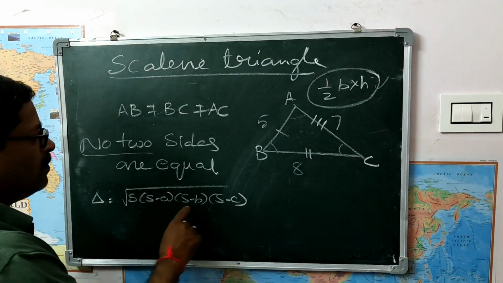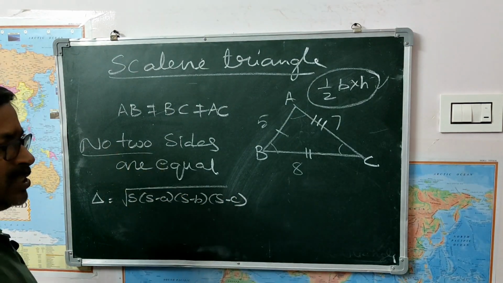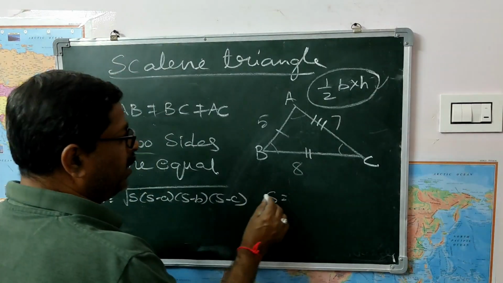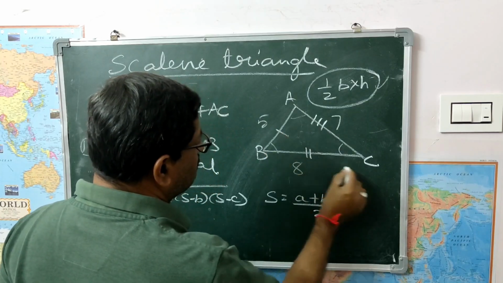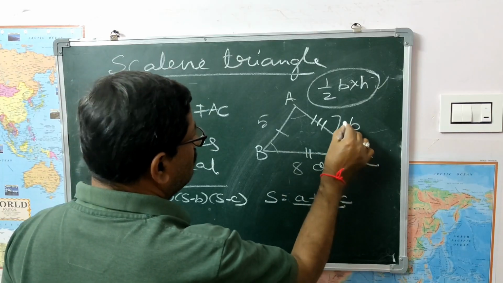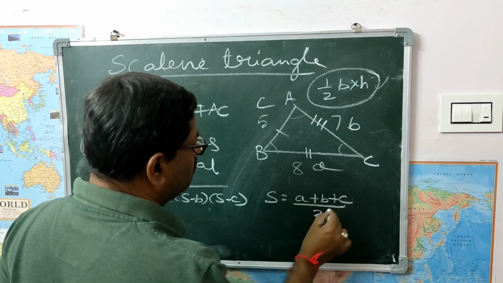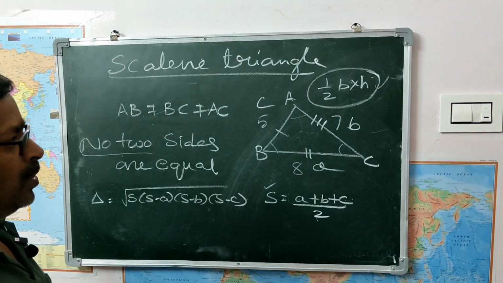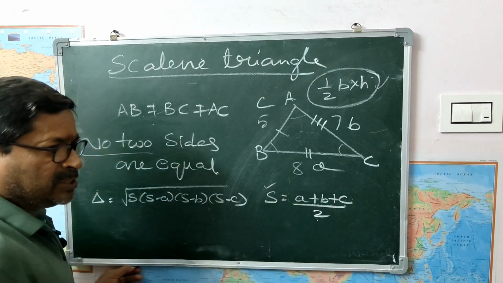It is applicable to all kinds of triangles, but you must know what A, B, C, and S are. S is called the semi-perimeter, obtained by A plus B plus C by 2, the sum of the sides by 2. A is one side, B is this one, C is this one. You know, perimeter means the sum of the three sides, and semi means half of that.